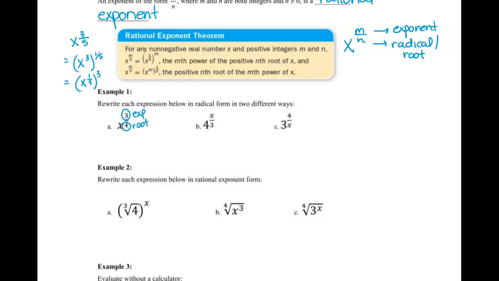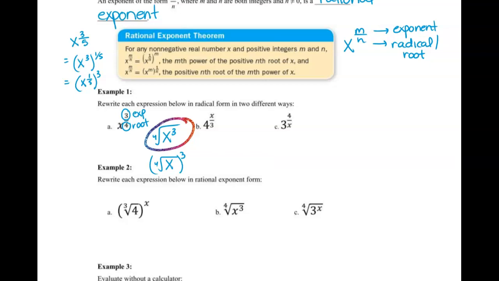So we can either write this as x cubed 4th root, or 4th root of x cubed. I usually choose this top one just to avoid the extra parentheses, but they're both equally correct.